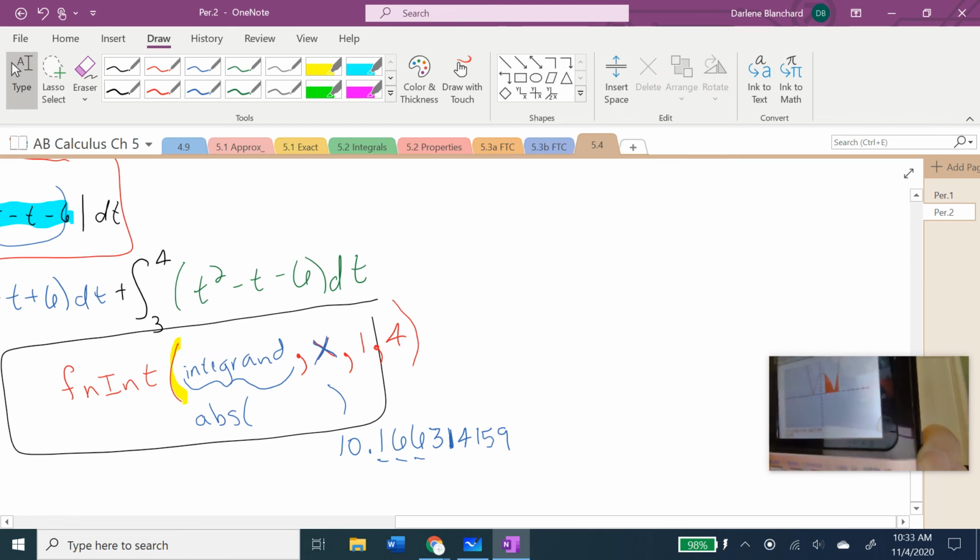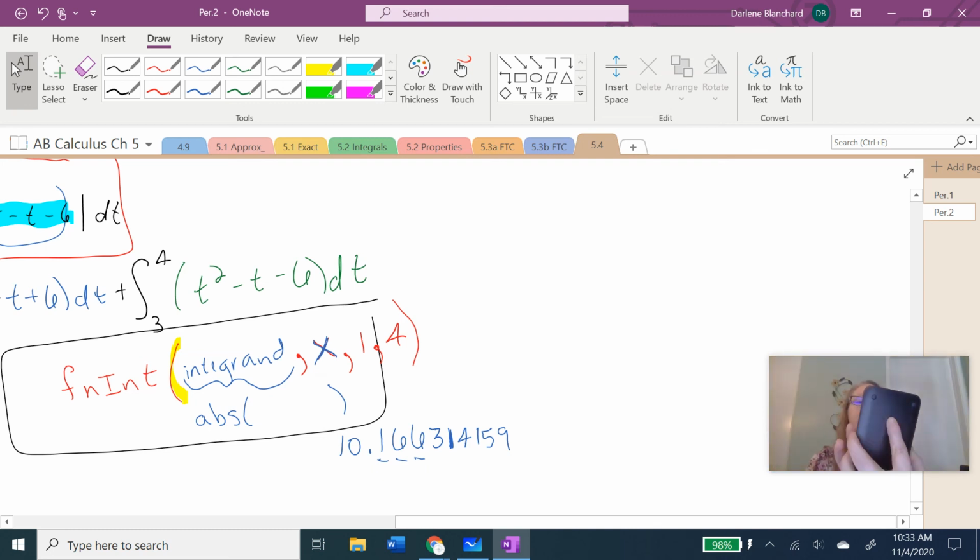So show again what to do. I need to make it reset. So I'm going to push graph.